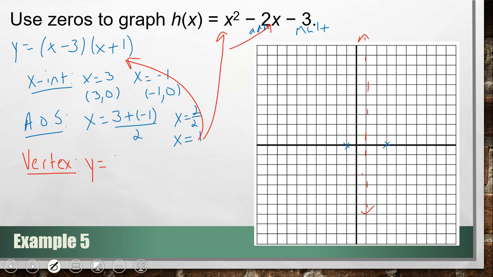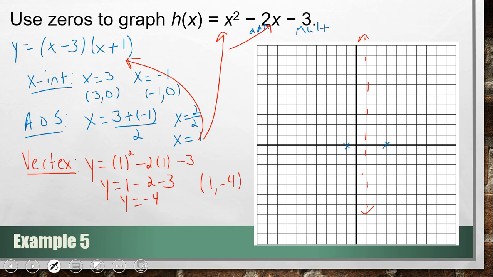y equals 1 squared minus 2 times 1, minus 3. So y equals 1 minus 2 minus 3. So y is equal to negative 4. So I know my vertex is at 1 comma negative 4.